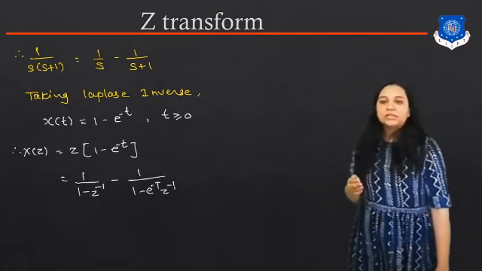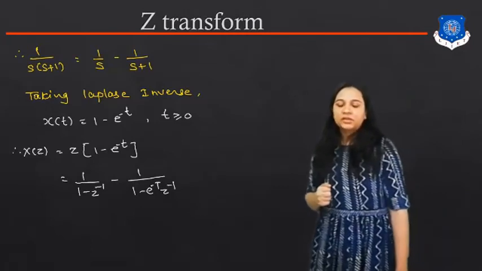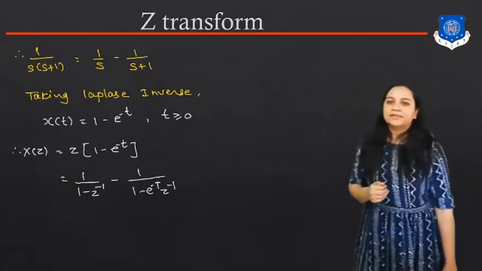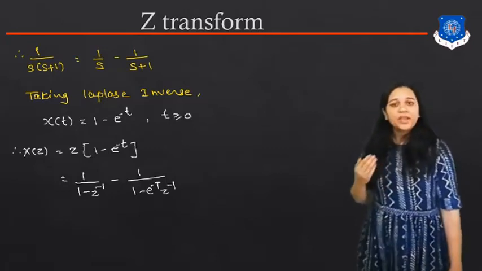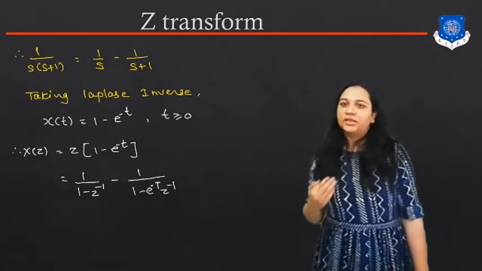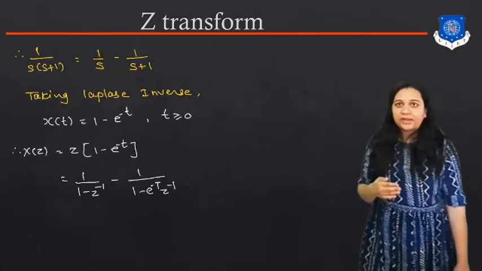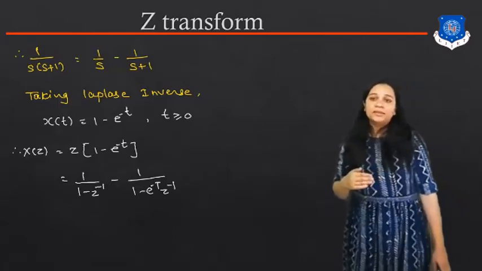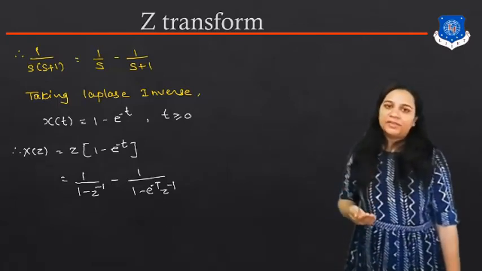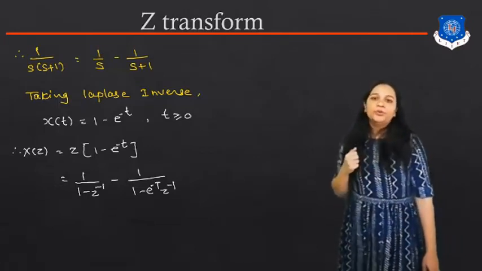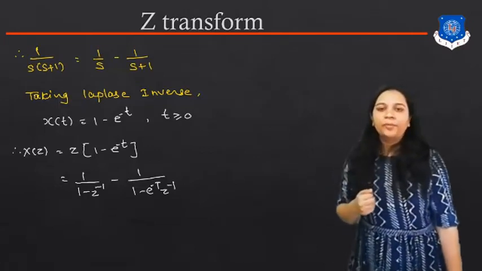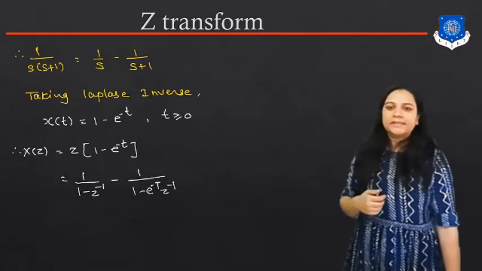So this is the z transform of the equation 1 upon s into s plus 1. Okay, so in the exam, if any transfer function is given, you first find the partial fractions, then the values of A, B, C, then we take the inverse Laplace, and the last step is to find the z transform of this particular equation.